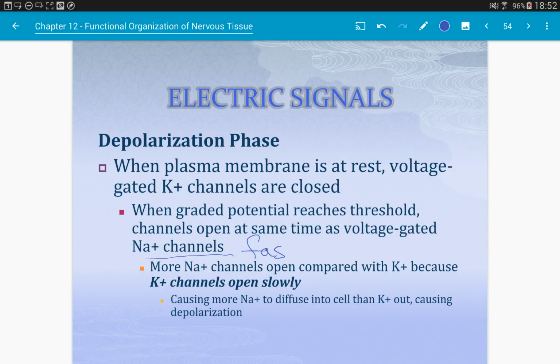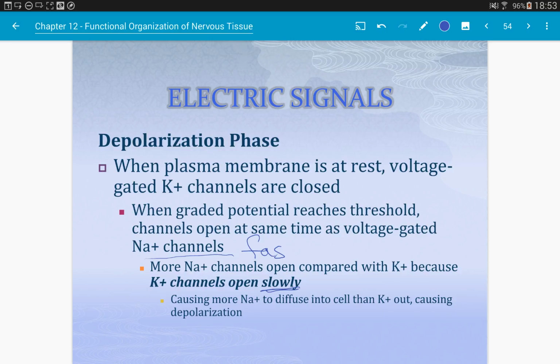And our potassium channels open slowly, and that is a really important thing to remember. Because potassium opens slowly, those sodium gates are open and sodium's rushing in, while the potassium gates are still taking their sweet time opening. In fact, they're still opening when the sodium gates finally slam shut.